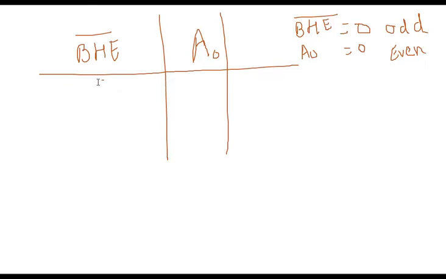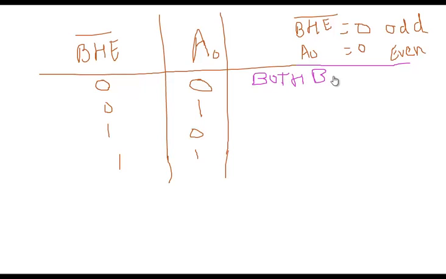Since we have two things over here, it makes four combinations: 00, 01, 10, and 11. We'll see when BHE bar is 0 and A0 is 0, what happens. When BHE bar is 0, the odd bank gets selected, A0 is 0, the even bank gets selected. That means in this case, both banks get selected. Since both banks are selected, it is a 16-bit operation.